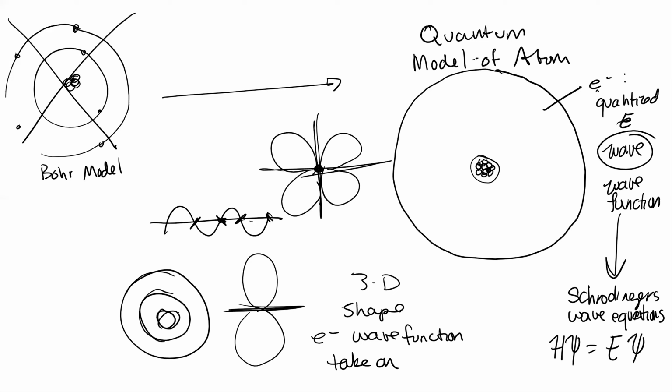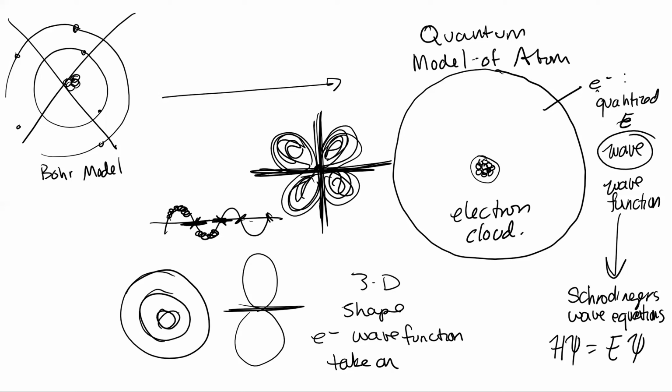But it's not this two-dimensional wave, it's this three-dimensional picture. And so we'll have these lobes of electron density where you can find the electron, where it's likely to find it, and areas where it's not likely to find it. Kind of like in a wave, it's likely to find our wave here, but not here, or here, but not here. And so when we describe this quantum model of an atom, we often say that there's an electron cloud.